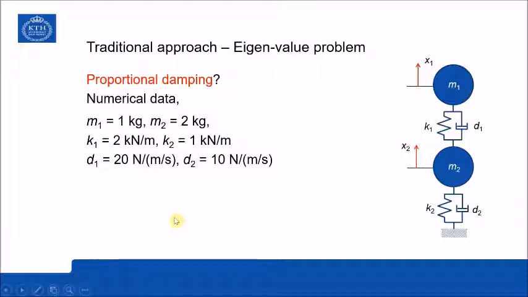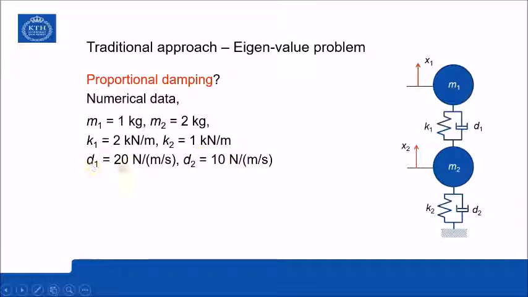So let's check now what happens if we introduce a damping D1, which is for instance 20 newtons per meter per second, and a damping D2, which is 10 newtons per meter per second.